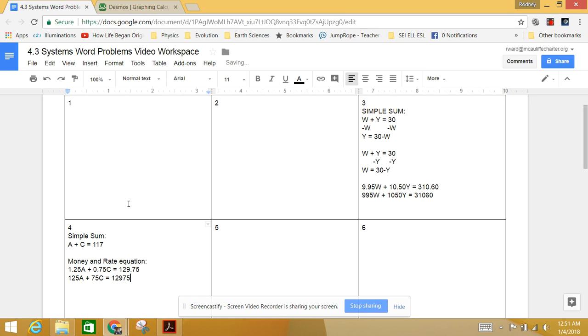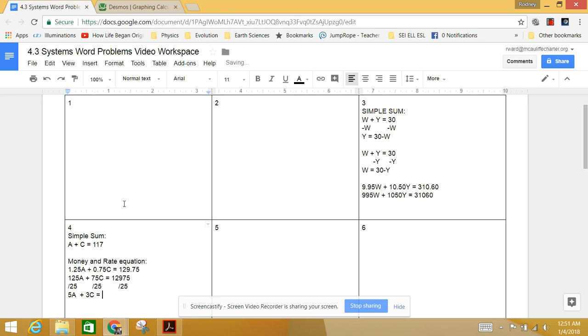I'm just going to make that clear what I'm doing. Divide by 25, divide by 25, and divide by 25. And this is going to get me something a little simpler to work with. 5A plus 75 divided by 25 is 3, so 3C. You can see we're getting much easier to work with coefficients.